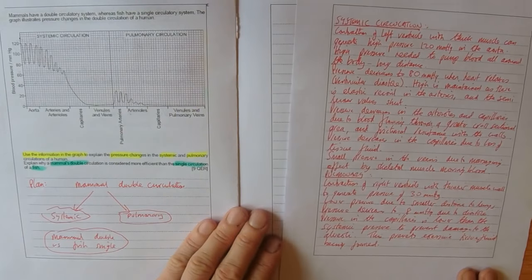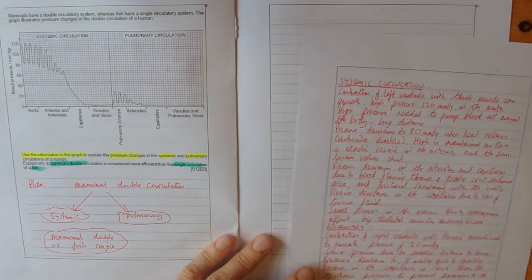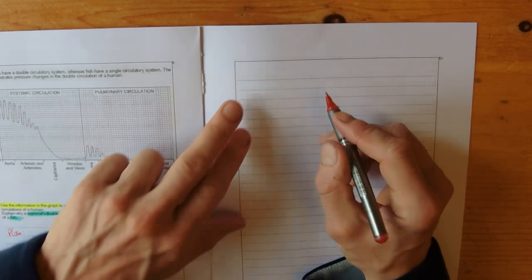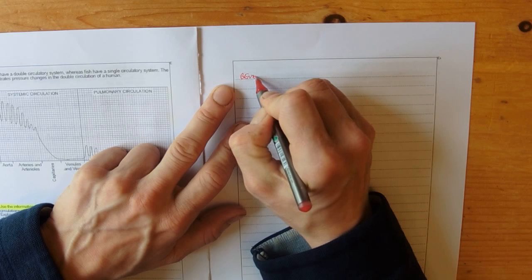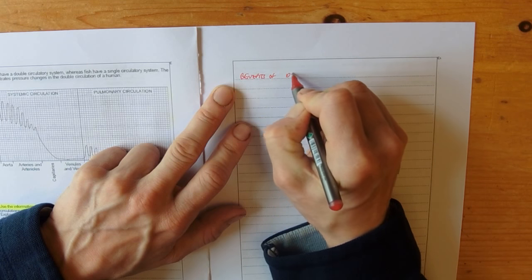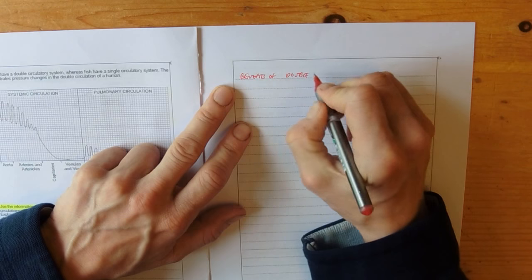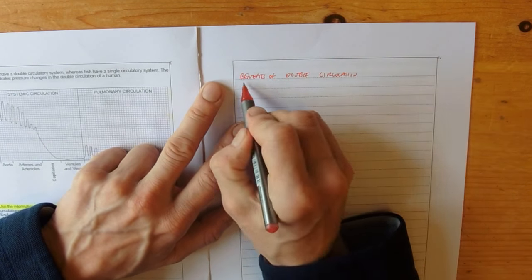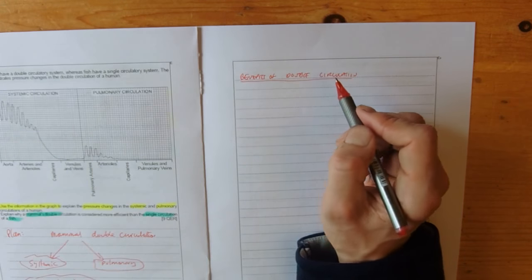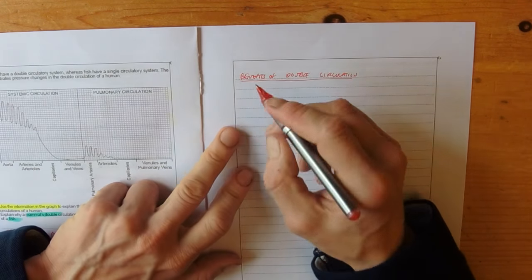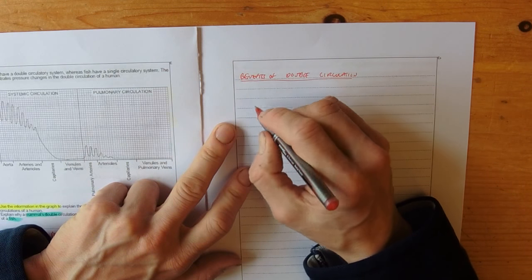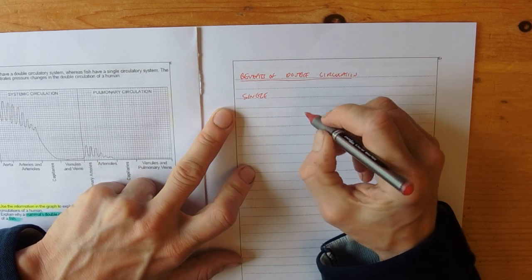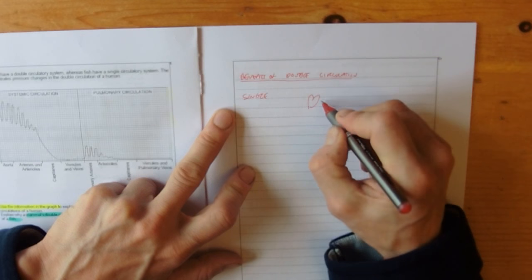And then we need just the difference in the two circulations. So, benefits of double circulation versus single. So you could even draw a diagram. You could have single. So we've got a heart.